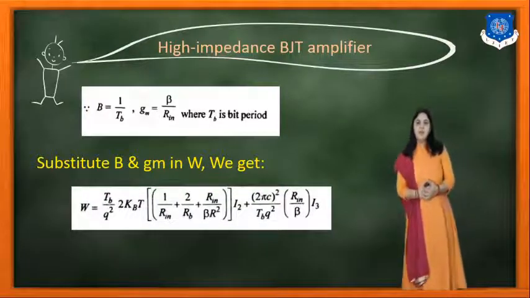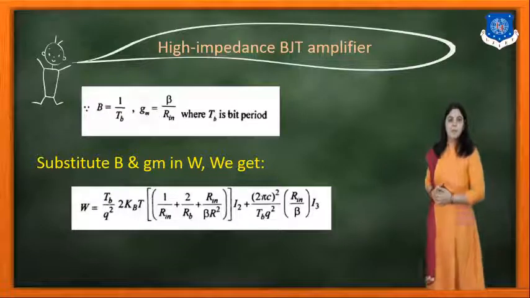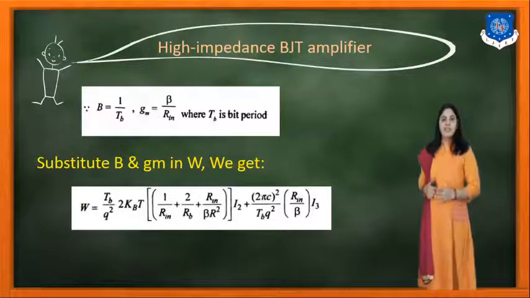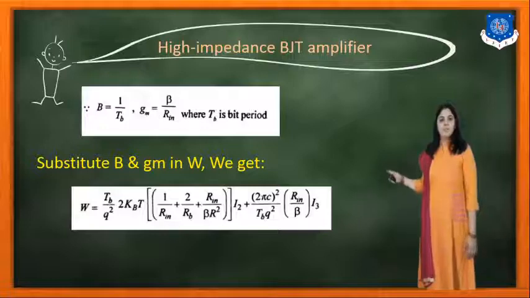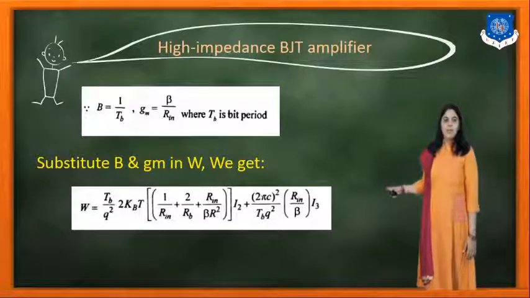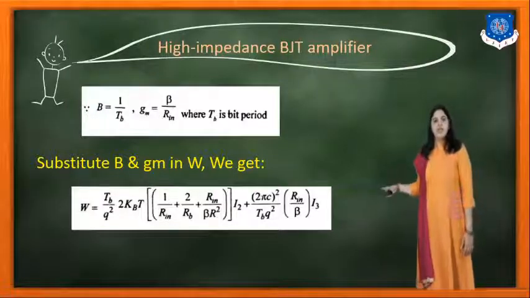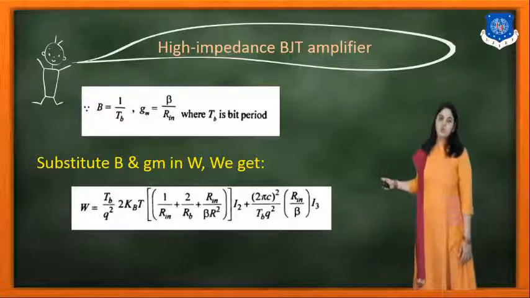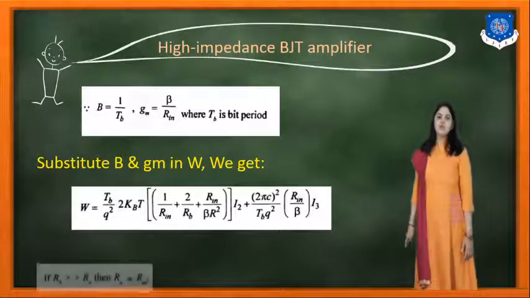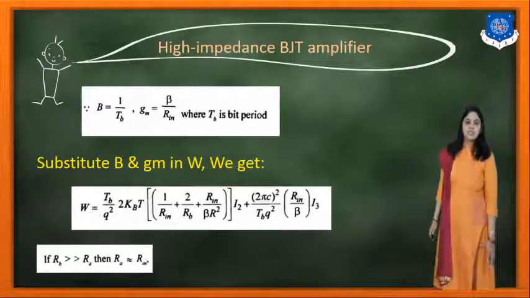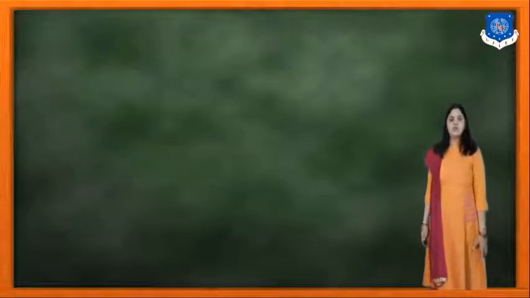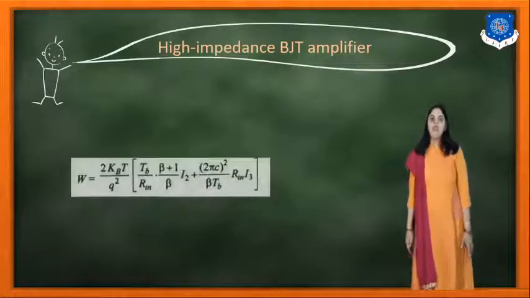It is W equal to TB upon Q square 2 kBT in bracket 1 upon R in plus 2 upon RB plus R in upon beta R square in bracket I2 plus 2 pi C whole square upon TB into Q square R in upon beta into I3, where RB is greater than RA and R0 is equal to RA dash.